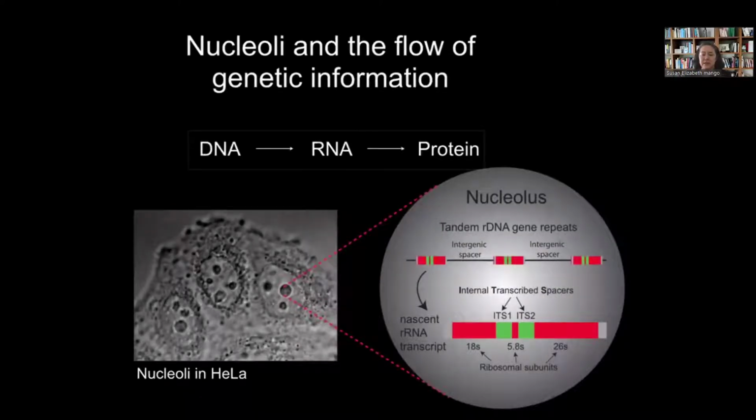It's the nucleolus. So as you recall, the nucleolus is very important for making ribosomes. And the nucleolus is the site of rDNA transcription. And you build the nucleolus around these sequences.